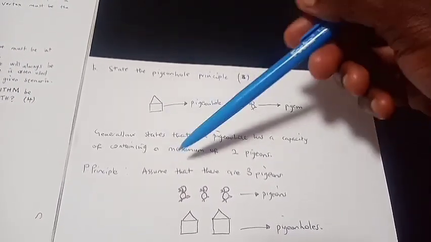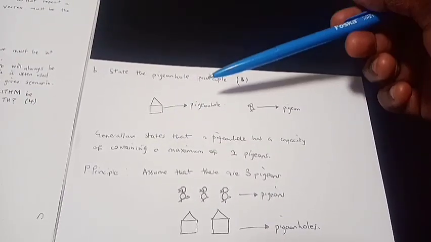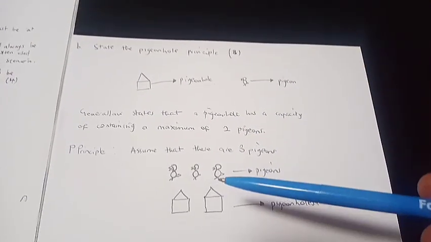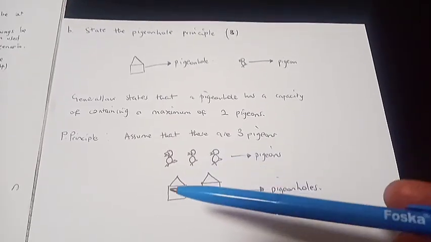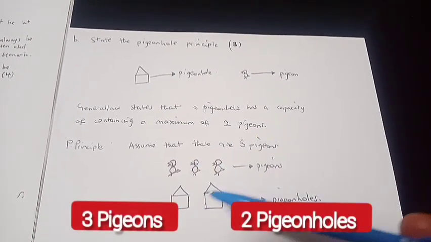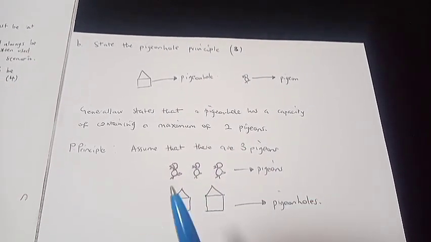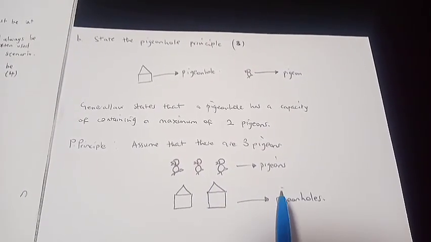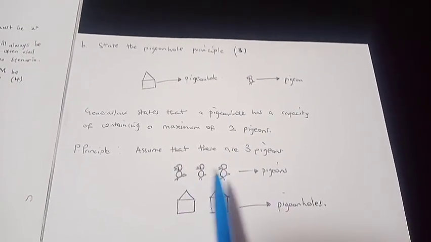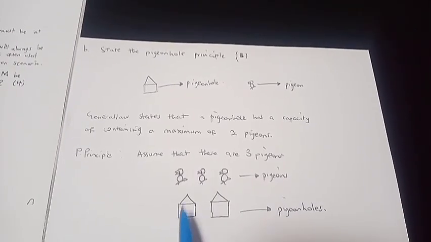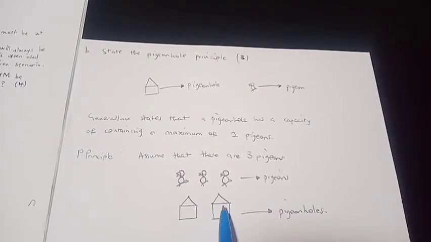So the pigeonhole principle, now using this example, we can assume that there are 3 pigeons. Since we have these 3 pigeons and 2 pigeonholes, each of these pigeons is going to occupy one of these pigeonholes.